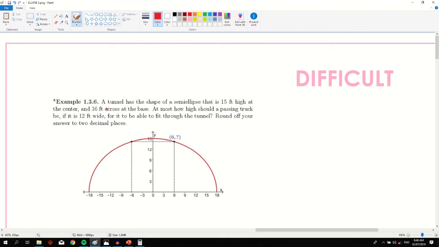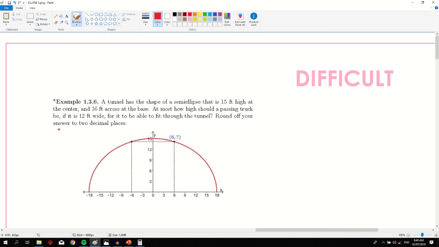Okay, so I will read. A tunnel has the shape of a semi-ellipse that is 15 feet high at the center and 36 feet across the base. At most, how high should a passing truck be if it is 12 feet wide in order for it to be able to fit through the tunnel?